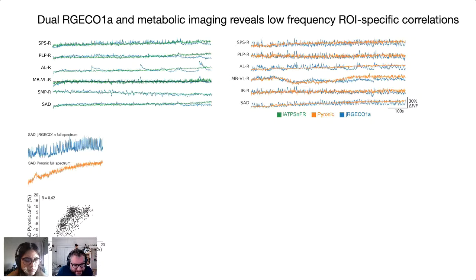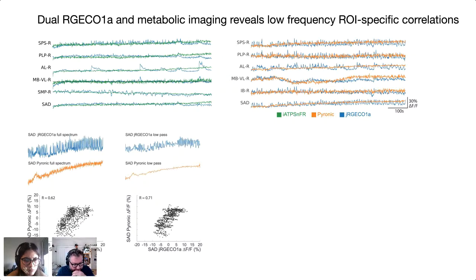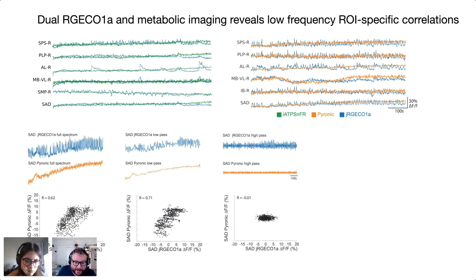But if we low pass these, if we only look at the lower frequency data below 0.1 hertz, the correlation between the two is actually, if anything, better. And if we look at the higher frequency components, the correlation between the two drops to near zero. In this case it goes to zero, but obviously I cherry picked one to make it look more profound.